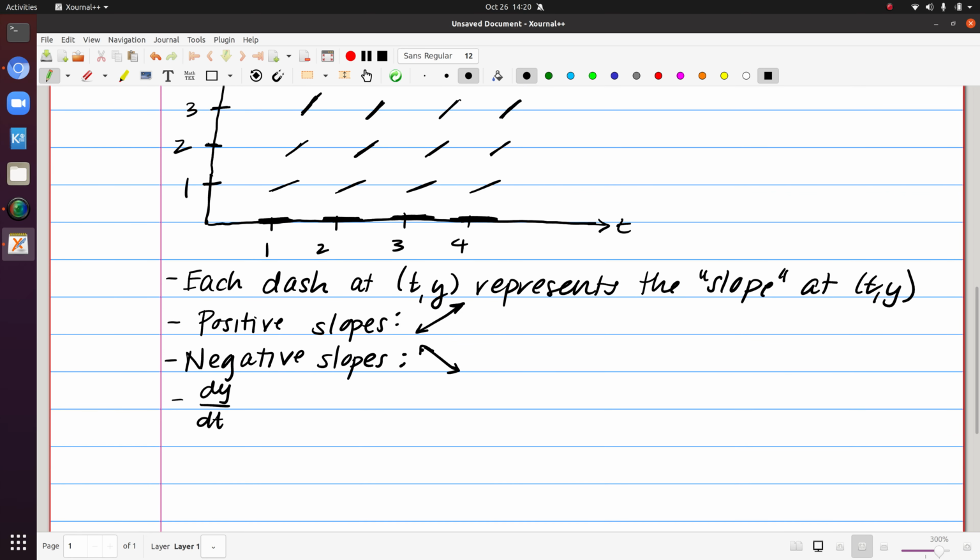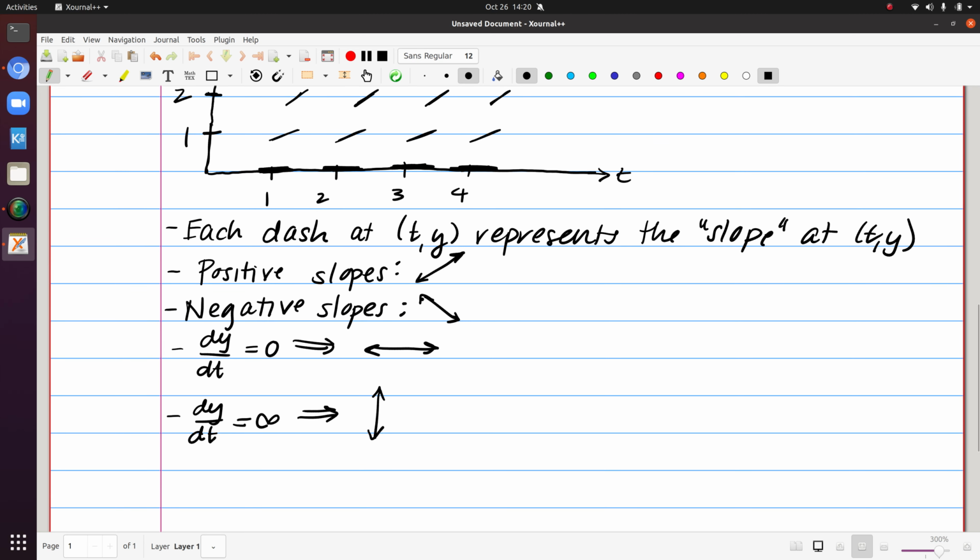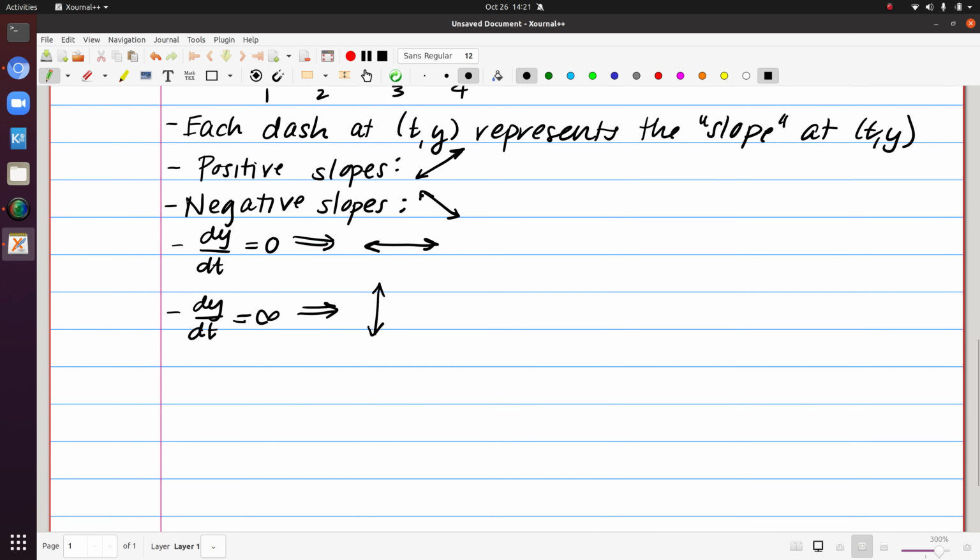Whenever the derivative is equal to 0, then we expect to see completely horizontal dashes. And we didn't really look at this here, but there could be instances where the denominator is 0, and we think about an infinite slope. Then you would have completely vertical dashes. And finally, comparatively steeper slopes are either more negative or more positive than comparatively flatter slopes.